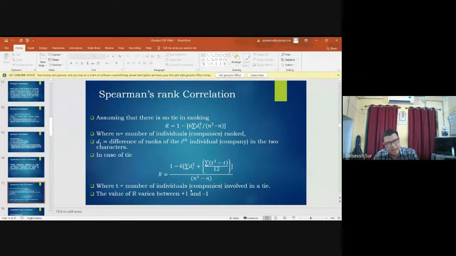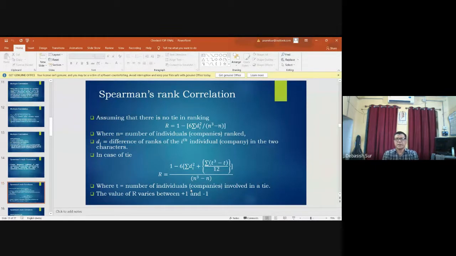It is entirely based on Pearson's simple correlation coefficient; it is nothing but Pearson's simple correlation coefficient between the ranks of the values of the two variables.